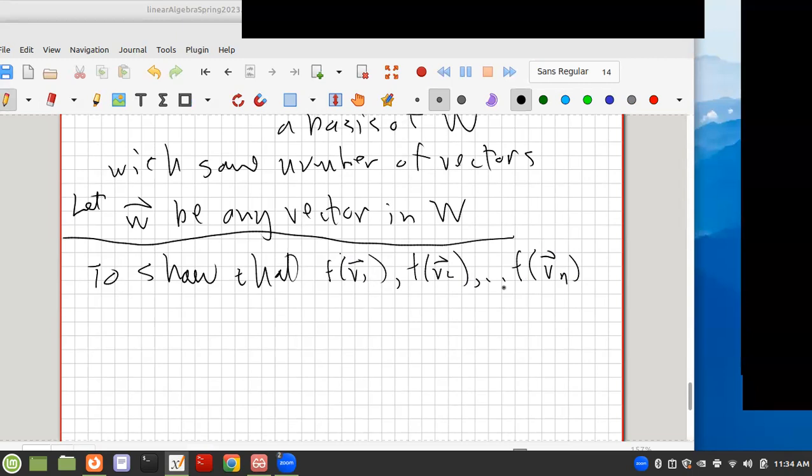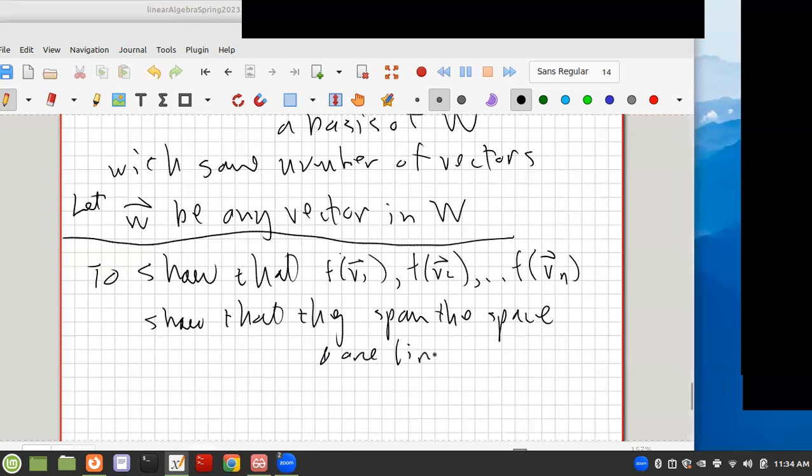We have to show that they span the space and are linearly independent, because then they would form a basis of W.